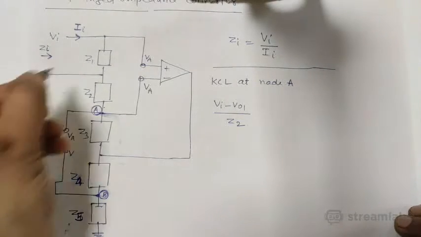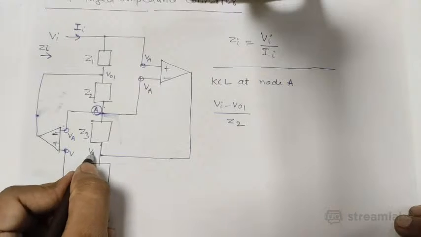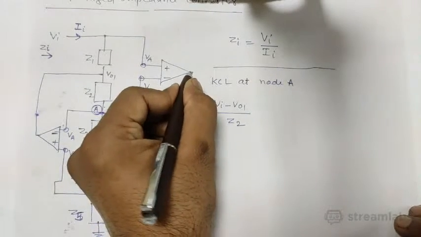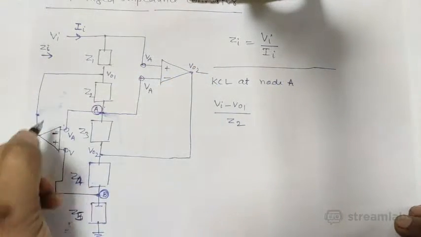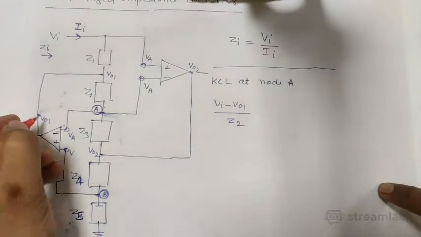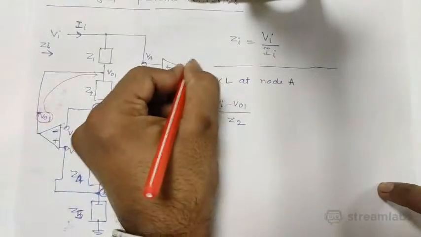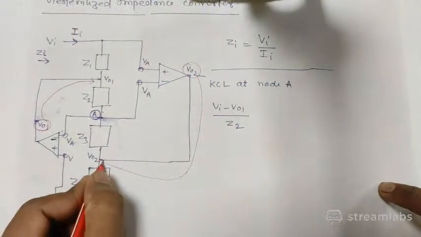This is VO1 and this is VO2. These are output voltages, VO1 going from here to here, and VO2 going from here to here.